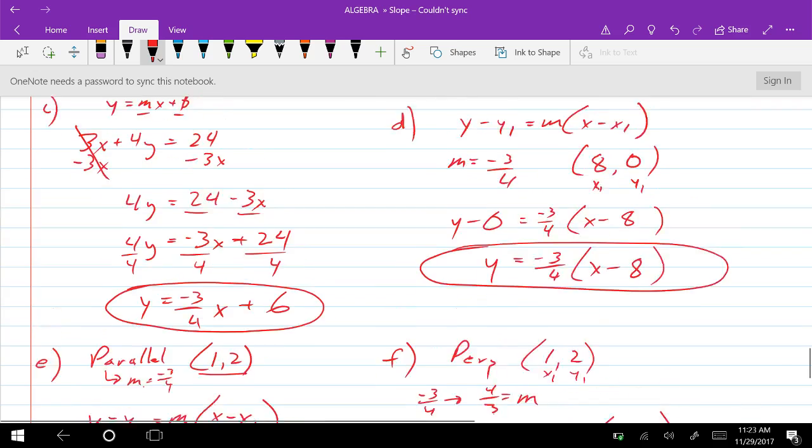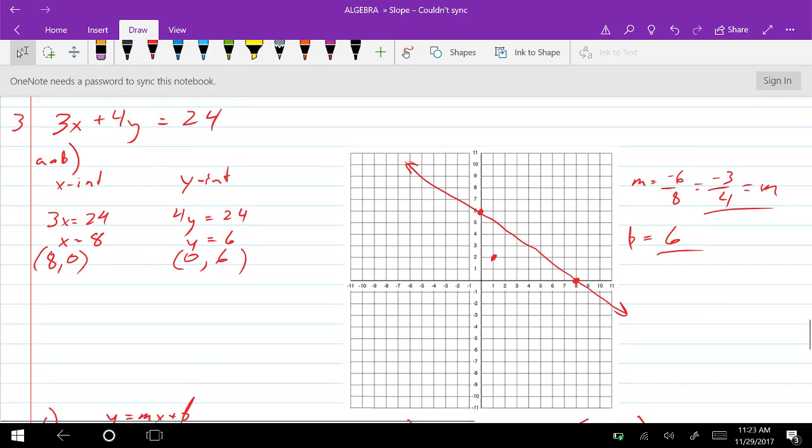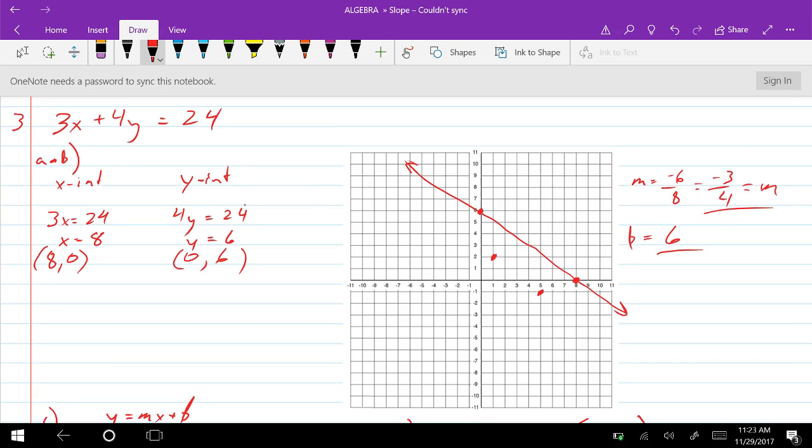So from that point 1, 2, I'm going to go down 3 over 4. That is another point that it goes through. Down 3 over 4. Same thing going the other way. And draw the line.